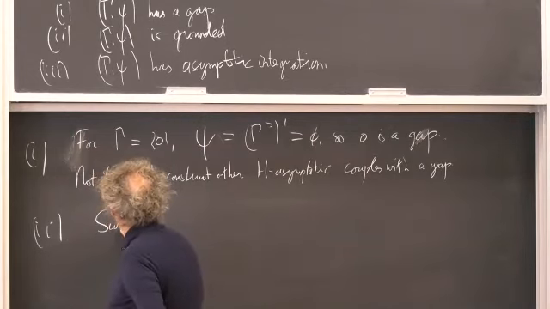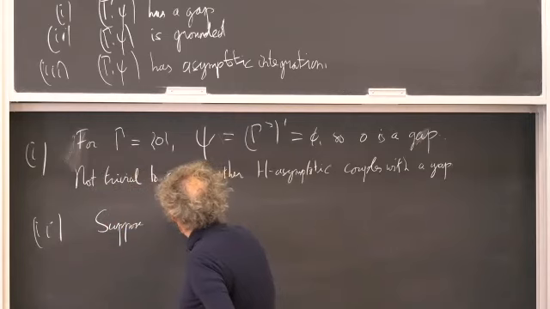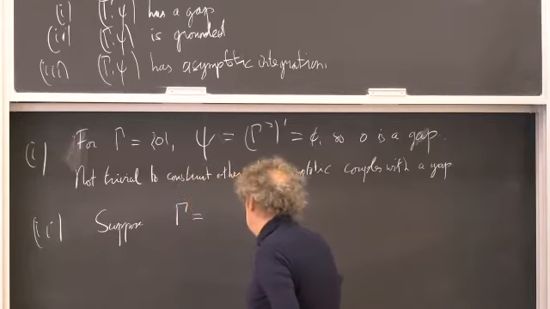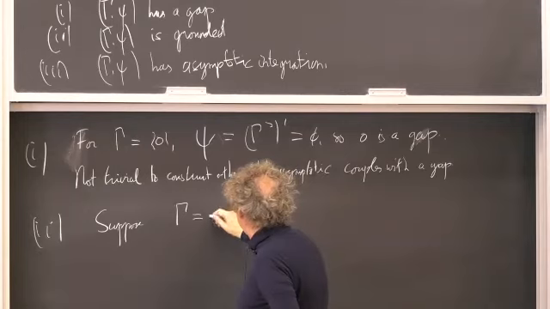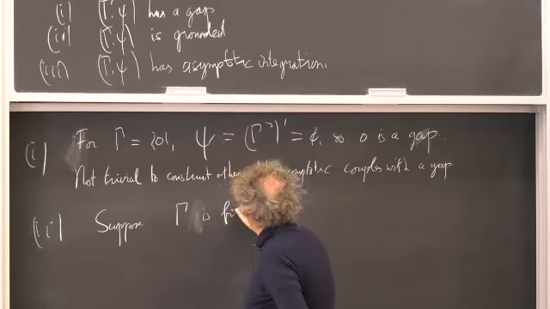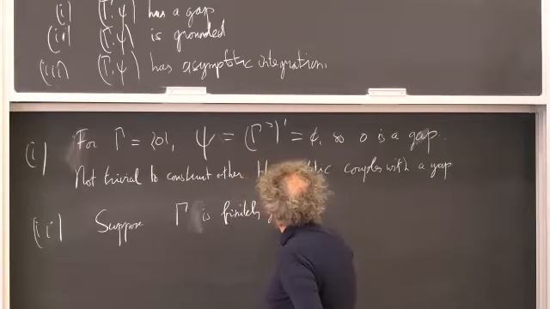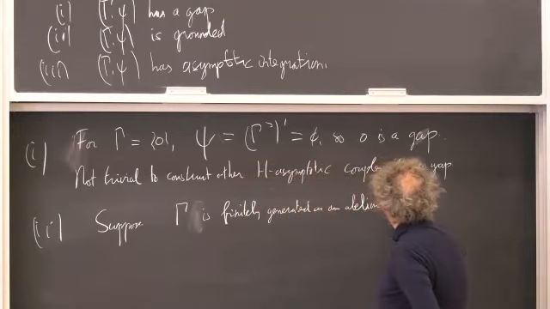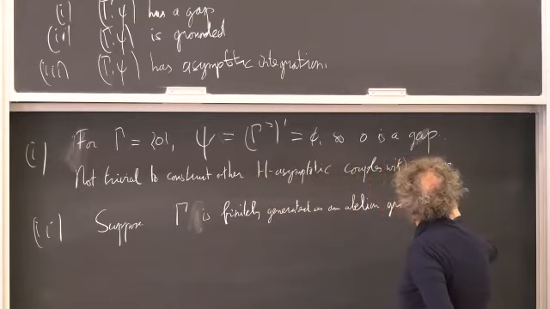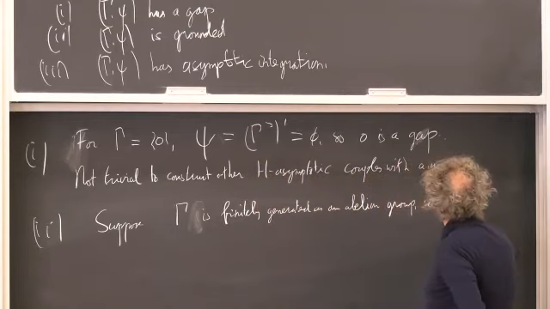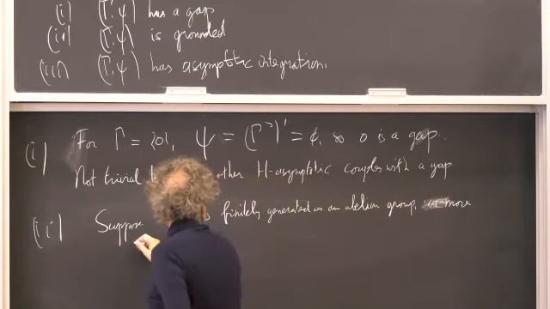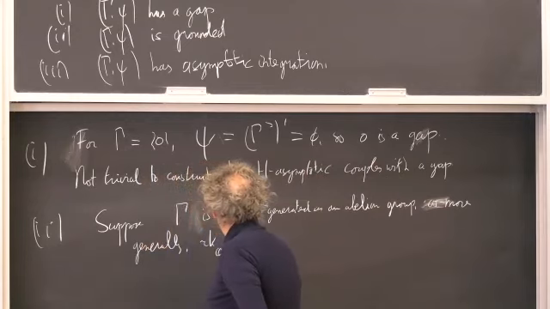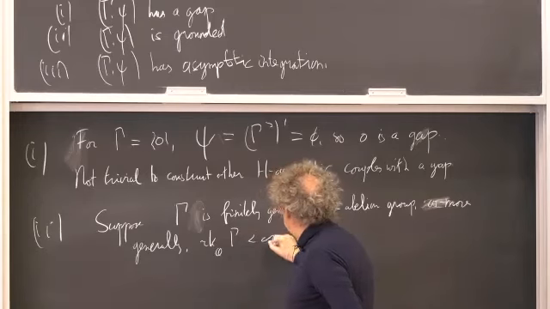Suppose gamma is finitely generated as an abelian group, or more generally, if its rational rank is finite.